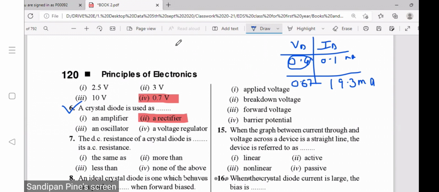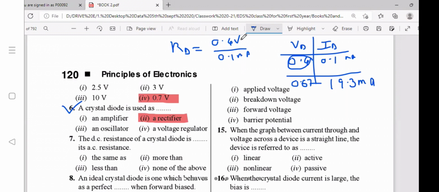So DC resistance, capital RD, minimum DC resistance is 0.4 volt by ID, 0.1 milliampere. So you can see 0.4 volt by 0.1 milliampere.